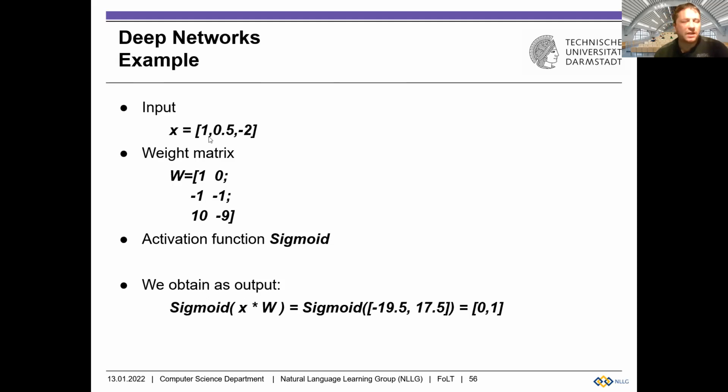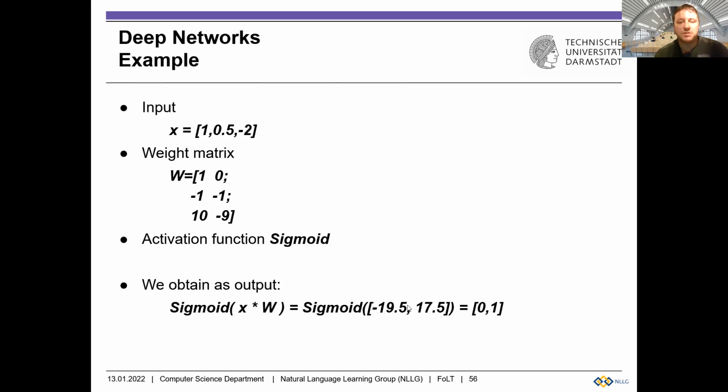And what is the result? If you remember our linear algebra from school or university, we have 1, 0.5, -2 multiplied by this 3×2 matrix. So first, what's the output shape? This is 1×3 times 3×2, so we get a 1×2 vector as output.